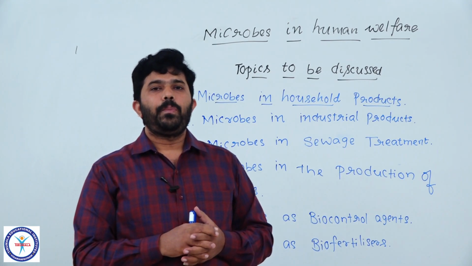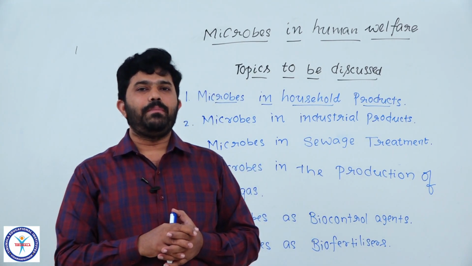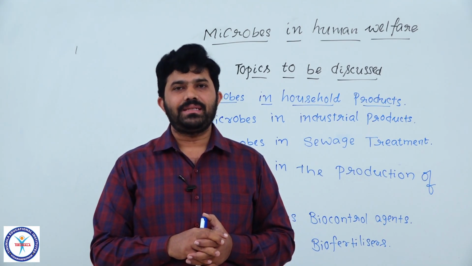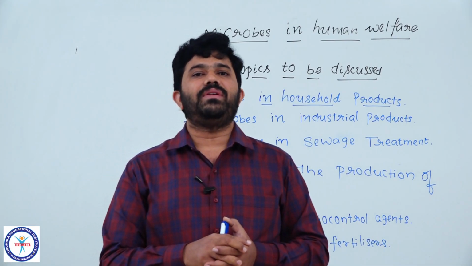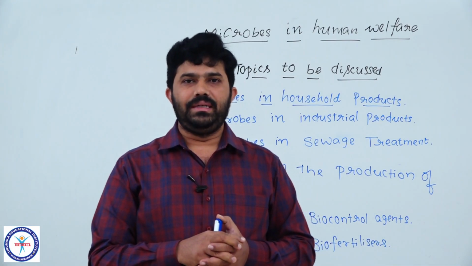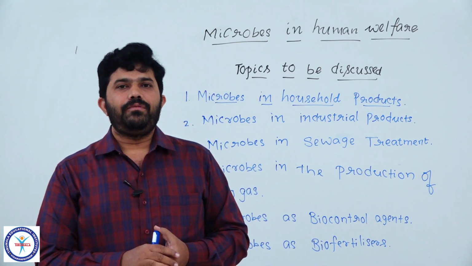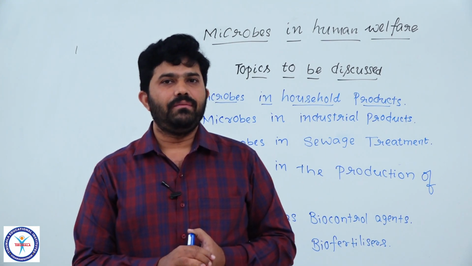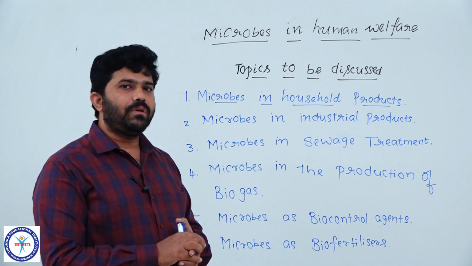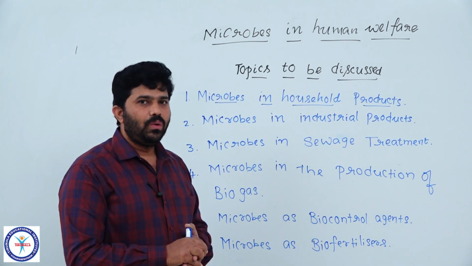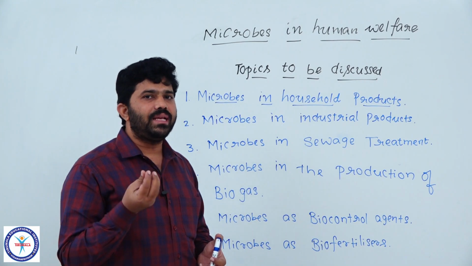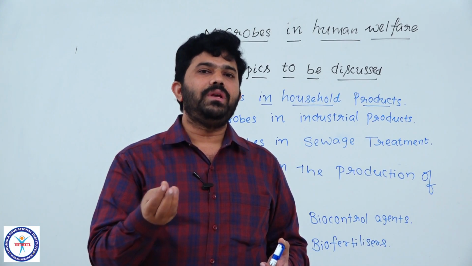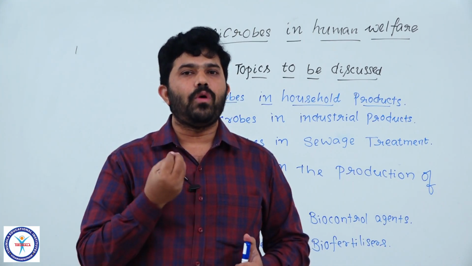Some microorganisms, especially bacteria, like Lactobacillus delbrueckii, play a pivotal role in the conversion of milk into curd. In our daily life we use curd as one of the foods. For the preparation of curd, we take a little amount of curd and add it into fresh lukewarm milk.